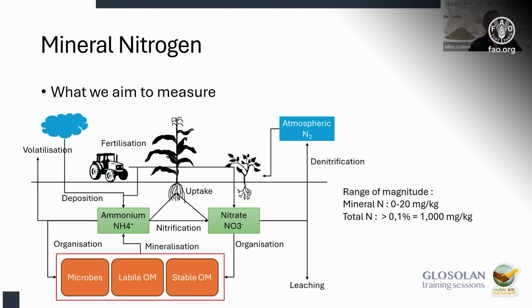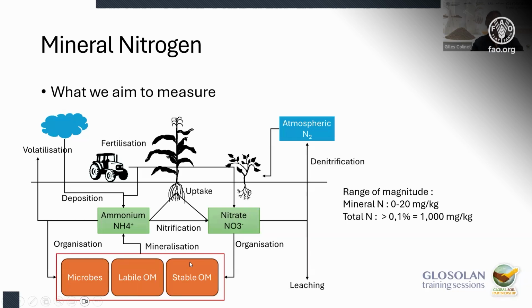So these are the two major forms that we measure, but usually for fertility and environmental issues, the main form that we follow in Belgium is the nitrate in the soil.